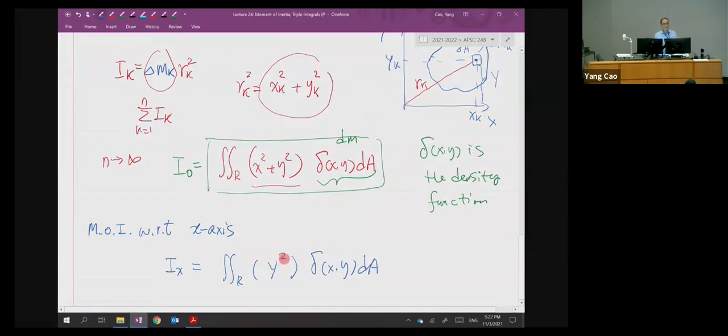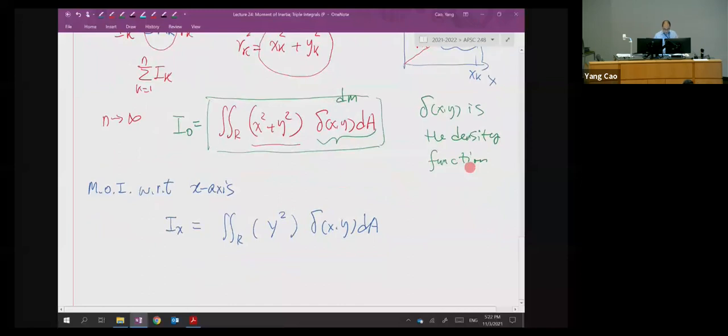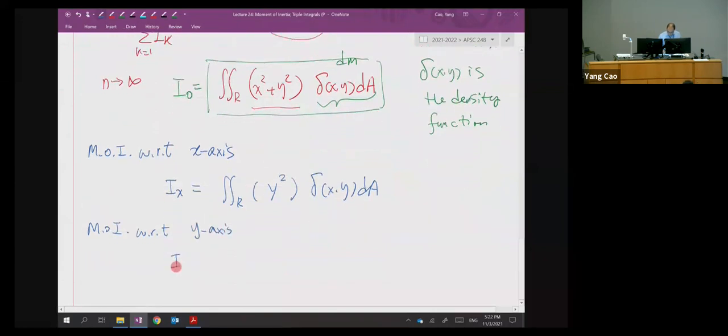So that'll give you the moment inertia with respect to the x-axis. So similarly, you can write down the moment inertia about the y-axis. So that'll give you the moment inertia about the y-axis, right? So this is the distance squared from any point on the thin plate to the y-axis, which is the x coordinate.